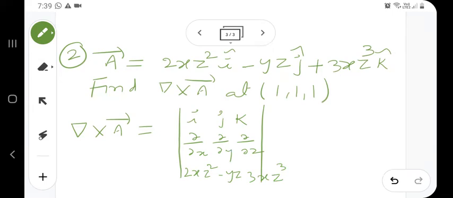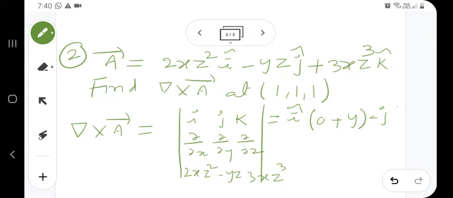Then simplifying, that equals I cap into dou by dou y of 3x z cube, which is 0 because of partial differentiation, minus dou by dou z of minus yz. Minus into minus gets plus y, so we get y here.